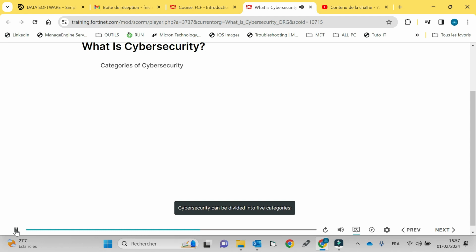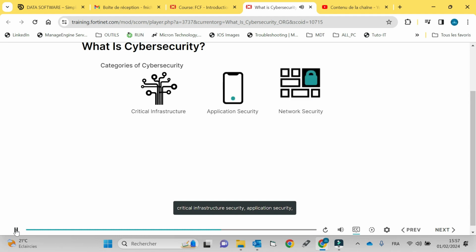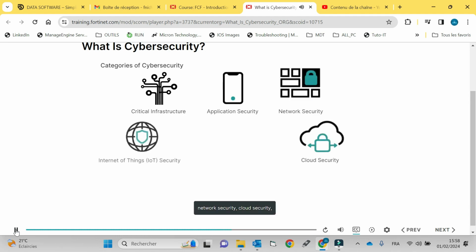Cybersecurity can be divided into 5 categories: critical infrastructure security, application security, network security, cloud security, and the Internet of Things. So these are the 5 categories of cybersecurity. Critical infrastructure networks with several different devices, application security in your smartphone, network security and cloud security, and Internet of Things security, IoT security.